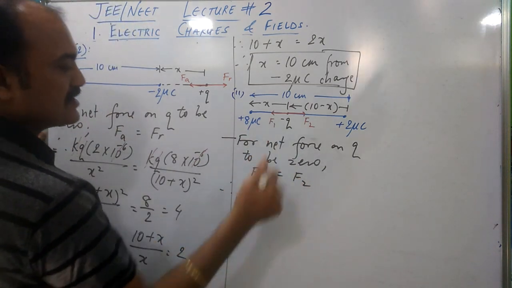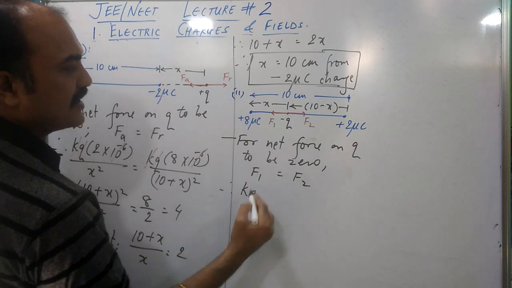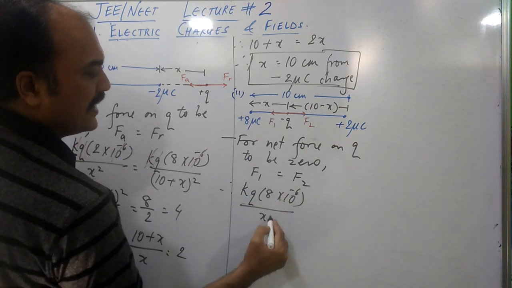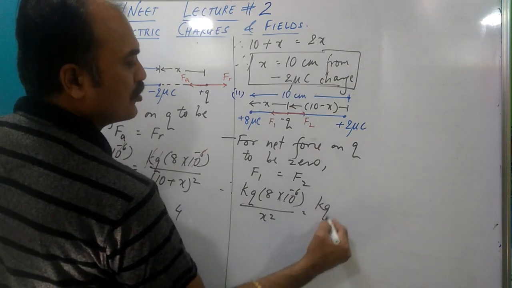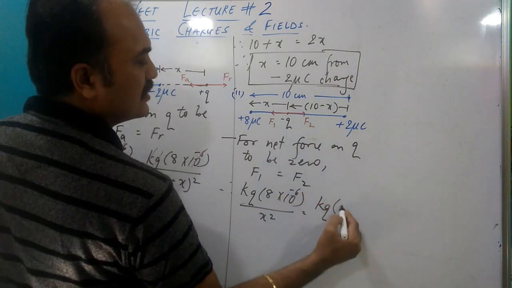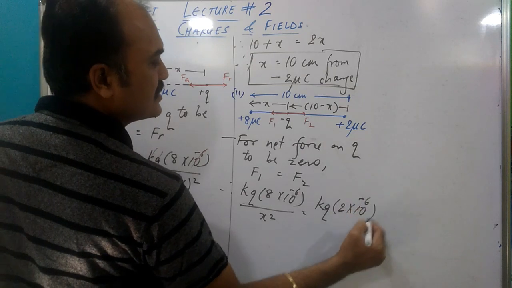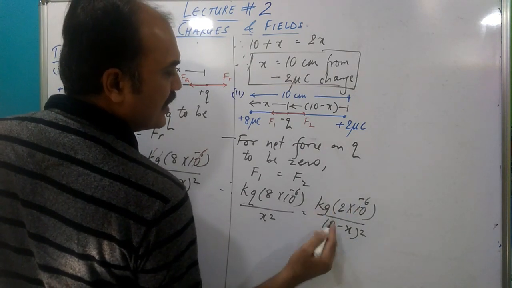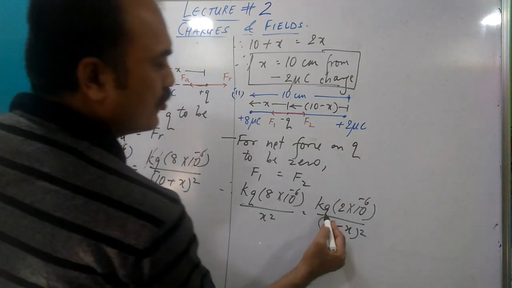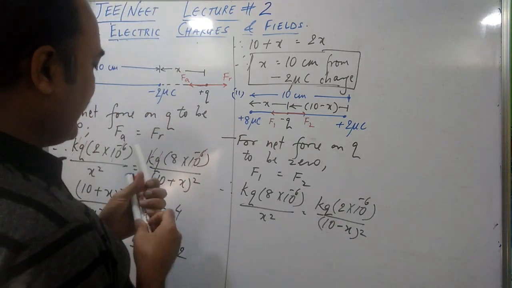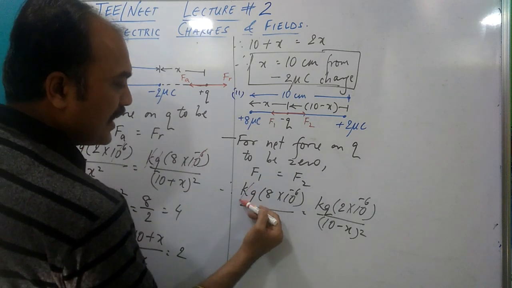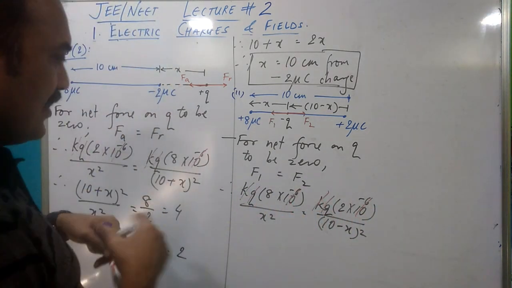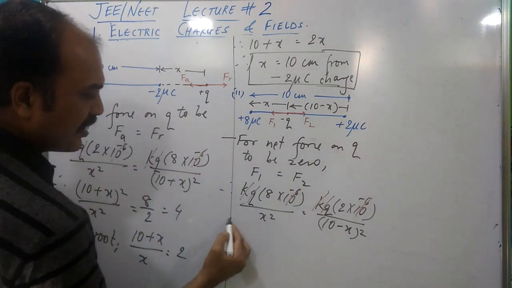F1 is between this and this. Only magnitudes please. KQ 8 micro upon x square is KQ. F2 is between this and this. 2 into 10 raised to minus 6 over 10 minus x the whole square. I am using the idea KQ1 Q2 by R square. Again the cutting idea, KQ 10 raised to minus 6, KQ 10 raised to minus 6, and what are we left with?